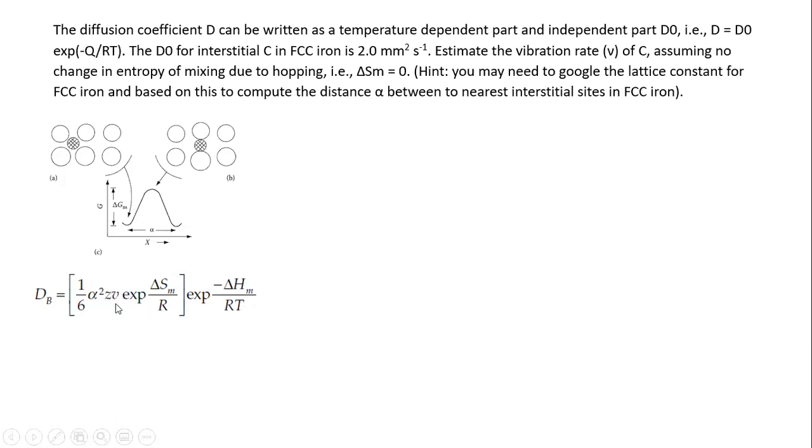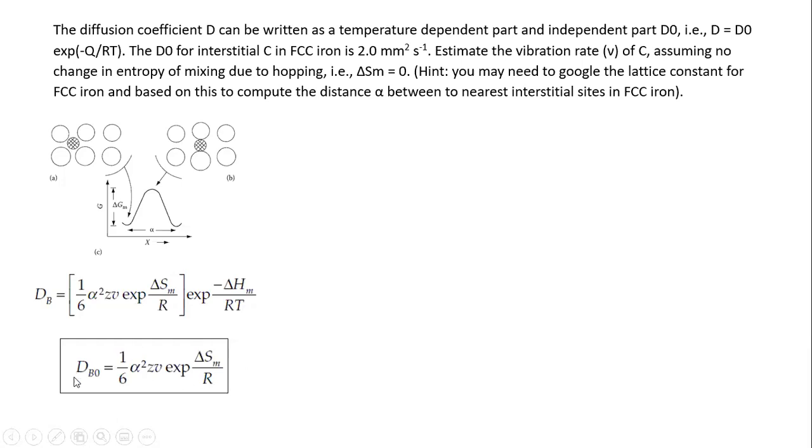Does that make sense to everyone? And I give you the assumption that this delta S_m, the entropy due to diffusion, is 0. So if you plug this equal to 0 in here, what do you get? What is the value for this factor? It's 1, right?